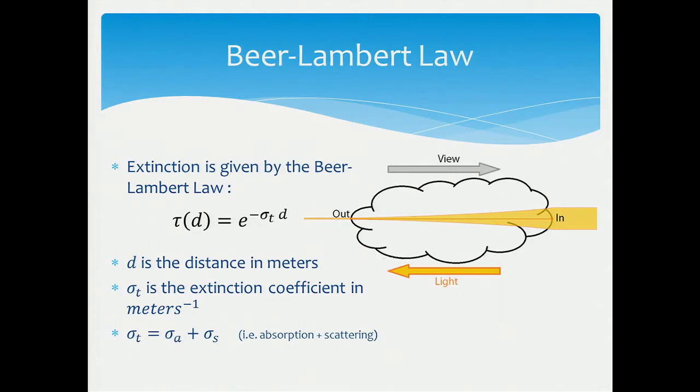And we see that the exponential also depends on the distance. It basically means that the more you travel inside a medium, the probability of hitting a particle and having extinction grows exponentially. So that's for extinction.